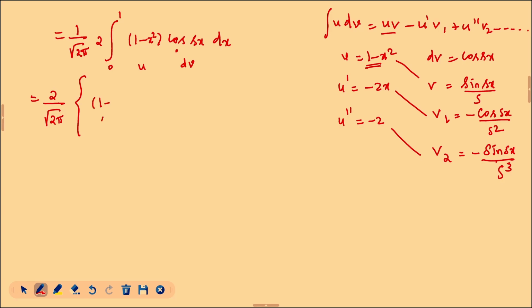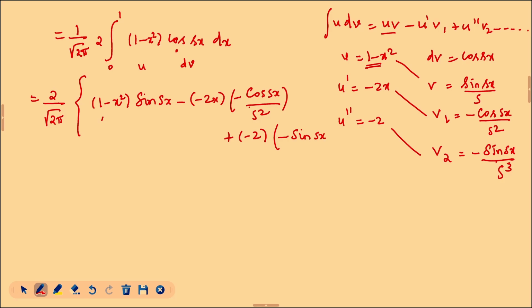So, 1 minus x squared into sin sx by s, minus u' which is minus 2x into v1 which is minus cos sx by s squared, then plus minus 2 into minus sin sx by s cube. So, after the integration, let us substitute the limits 0 to 1.